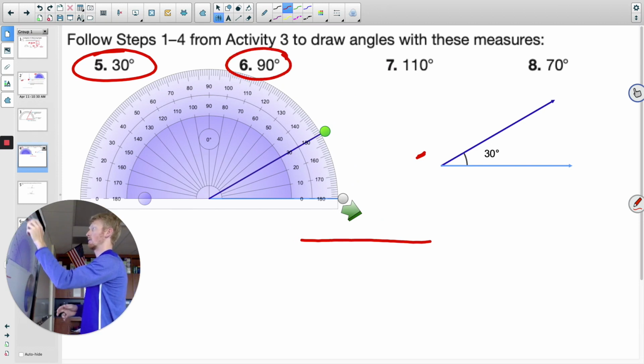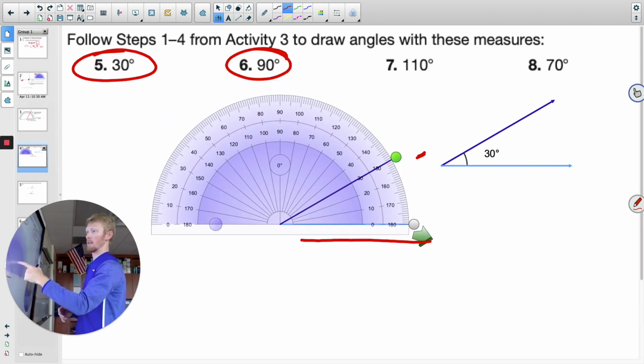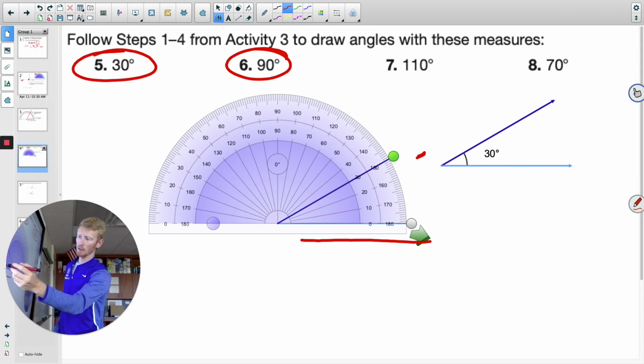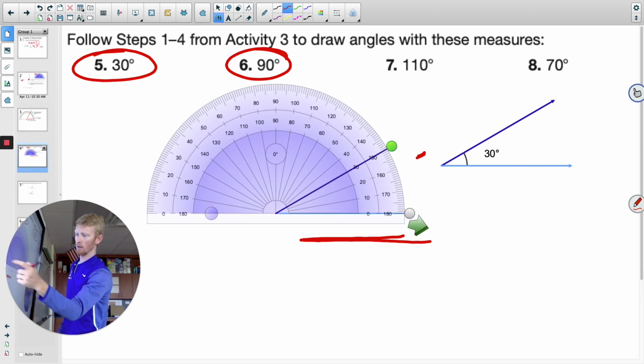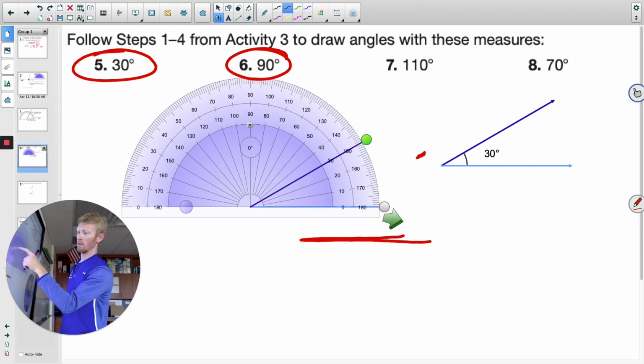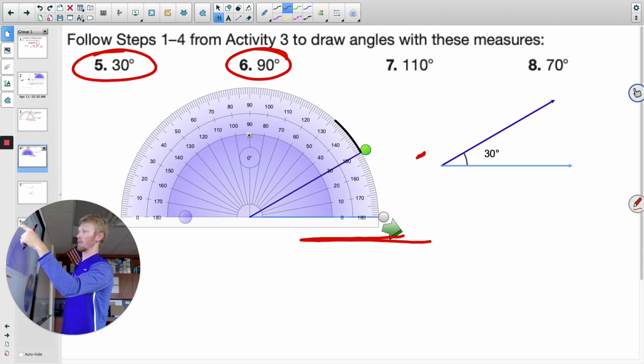All right, but there's my 30 degrees. If I wanted 90 degrees, simple enough, I take my protractor, I draw a straight line here once again at the 0. Straight line at the 0. And then I bring it up to 90.